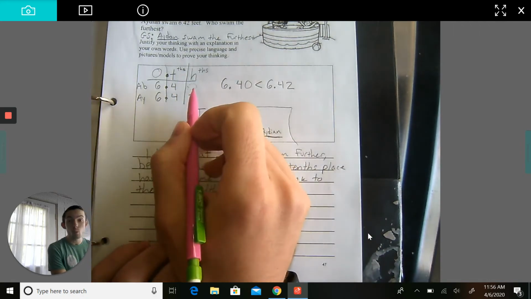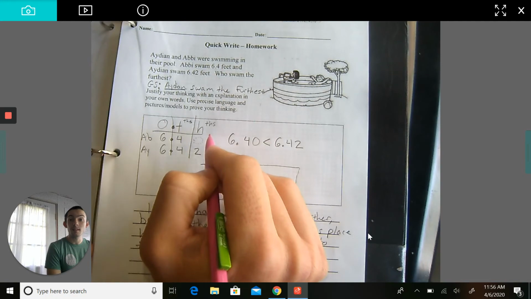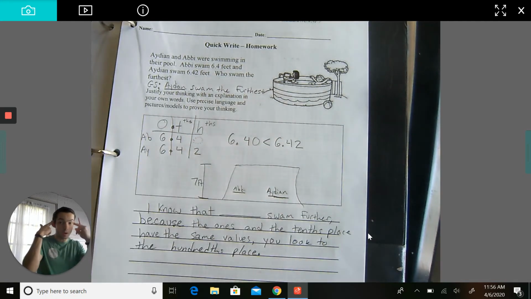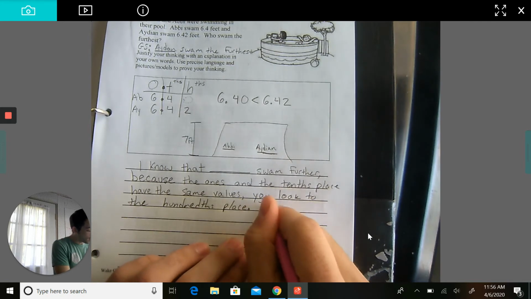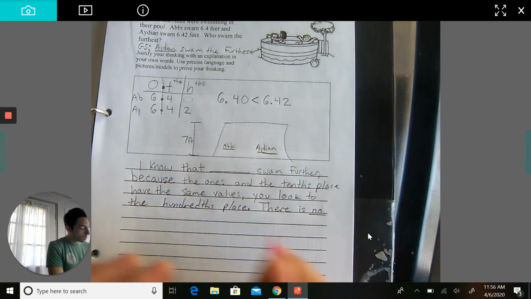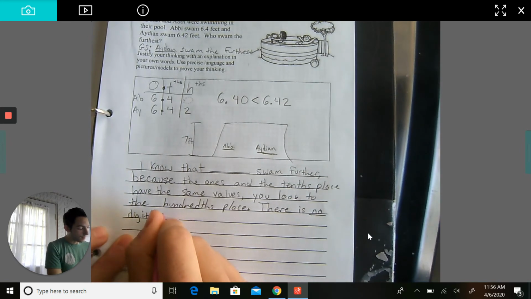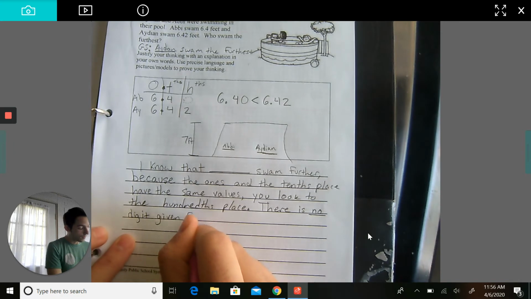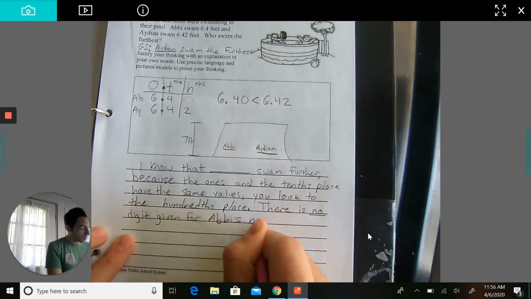And remember, there was no number given in Abby's value. So this is building onto what we already know. So I'm going to put there is no digit given for Abby's number.